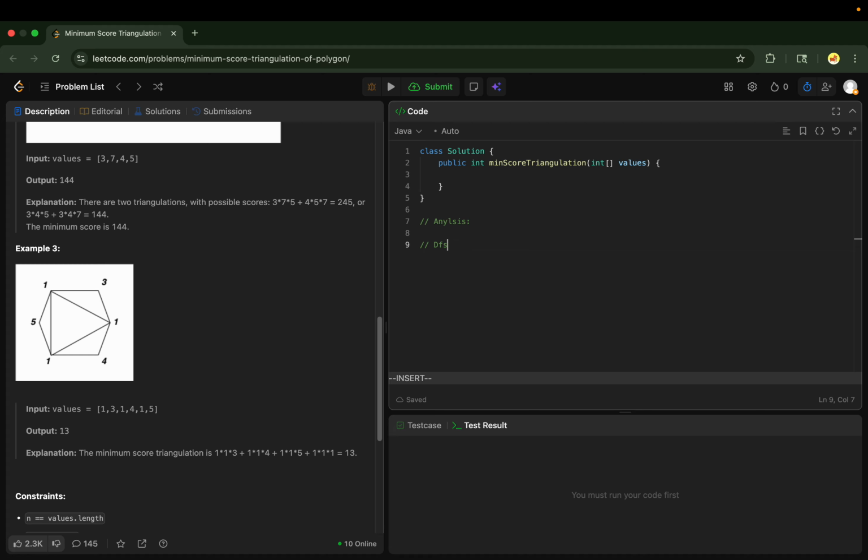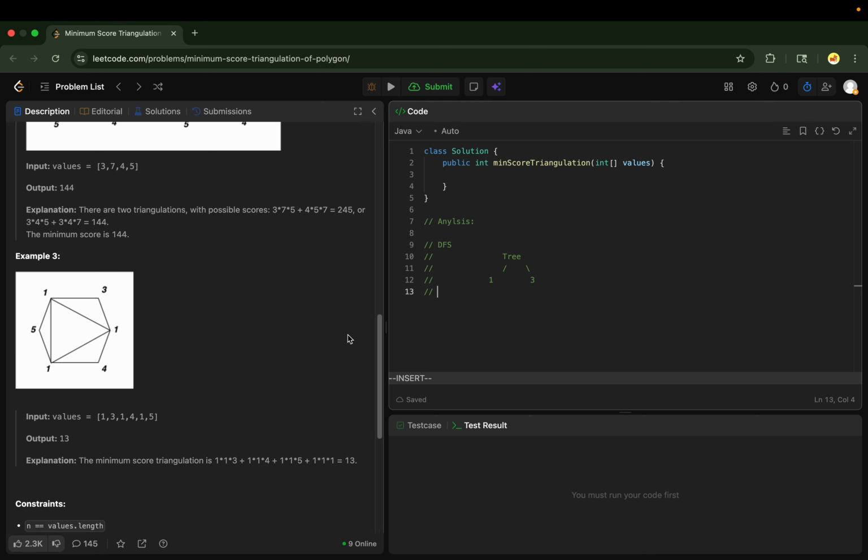So the method is to use DFS. It's kind of like a tree, and you have to check everything until you get some results and return back. This is my idea to solve this problem.